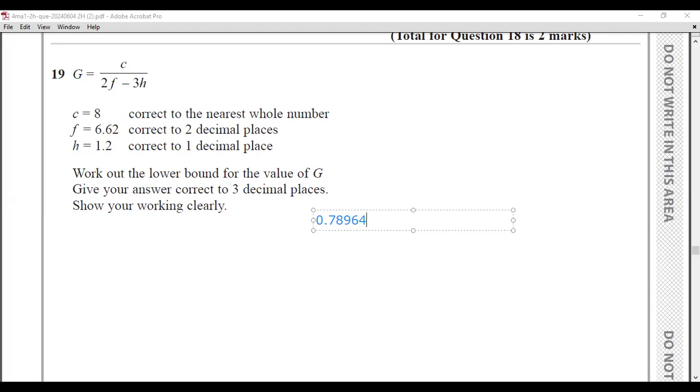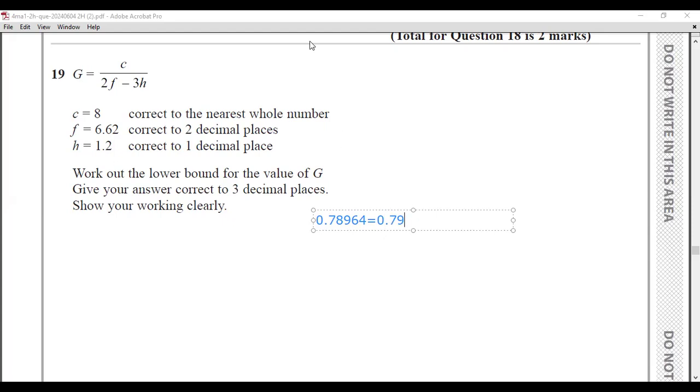Is there any correction? Yes, you have to correct to 3 decimal places. So it will be 0.789 plus 1, so it is 0.79. 0.79 is your answer.